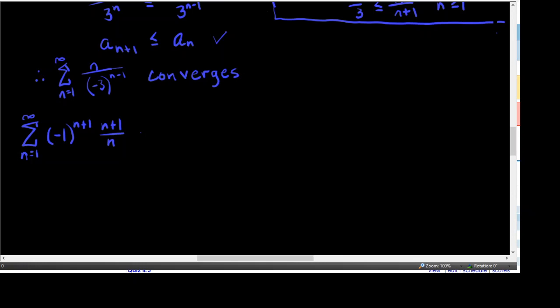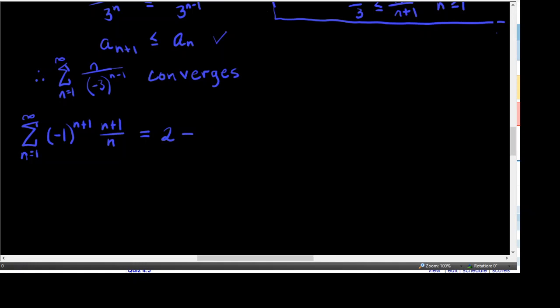Okay, so let's do a little substitution. We're starting with n equals 1. 1 plus 1 is 2, negative 1 squared is positive, and then substituting in, 1 plus 1 over 1, you get 2. Putting in 2 for n, 2 plus 1 is 3, negative 1 cubed is negative 1, so that's going to be negative. Then that's going to be 3 halves.